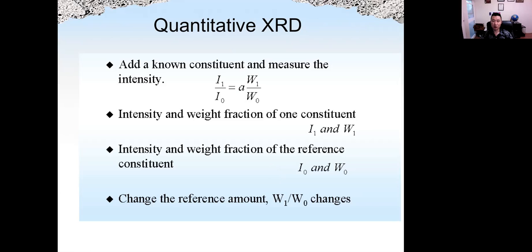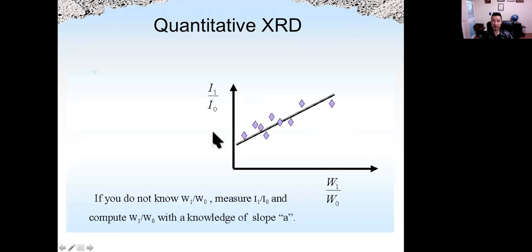So we can change W0, and we can measure the ratio of W1 over W0, and we can also measure the intensities and the ratio of intensities. For example, if we do not know W1 over W0, we can change W0 and measure that.